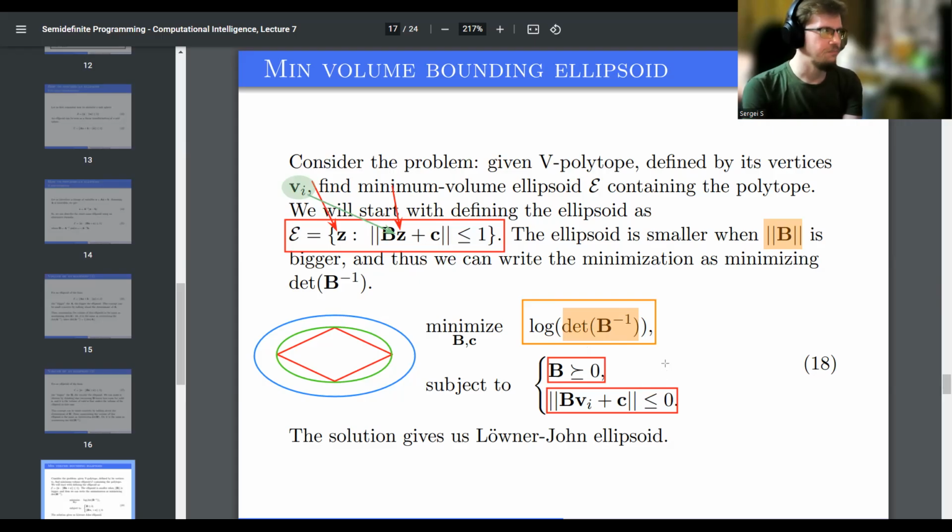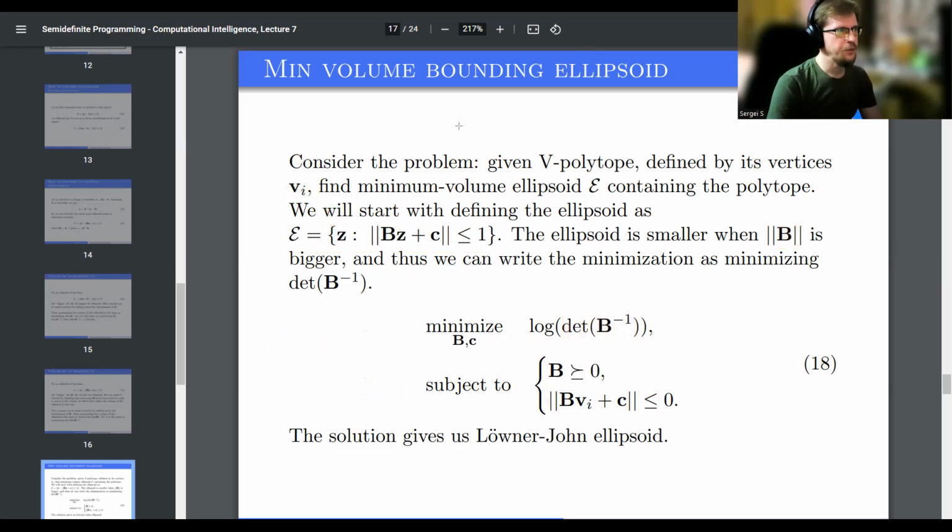With this condition, we obtain the Lowner-John ellipsoid. And here you can see the formulation. The optimization program itself is rather simple.